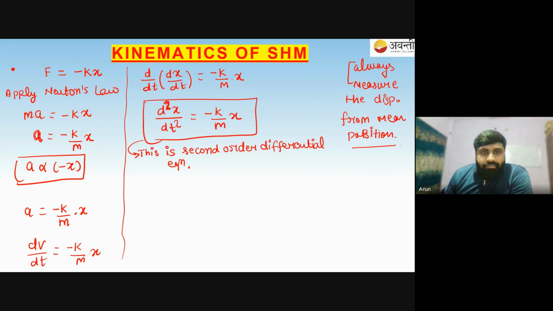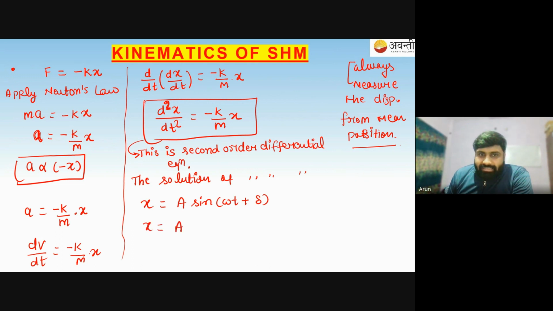If you solve this second order differential equation, which is not in your syllabus till now, the solution is x equals a sine omega t plus delta, and x equals a cos omega t plus delta.